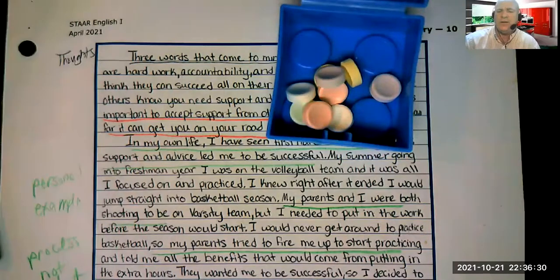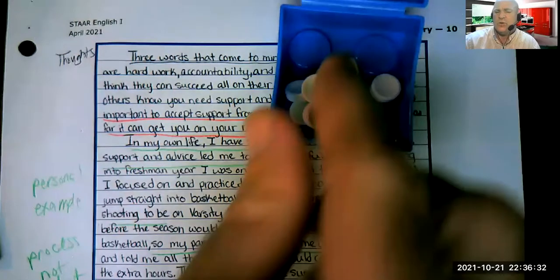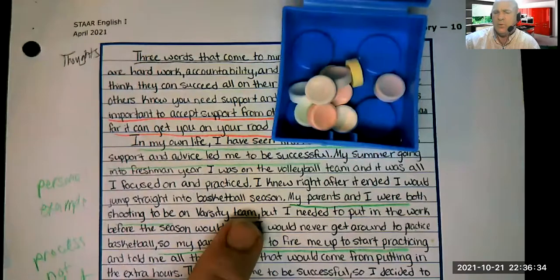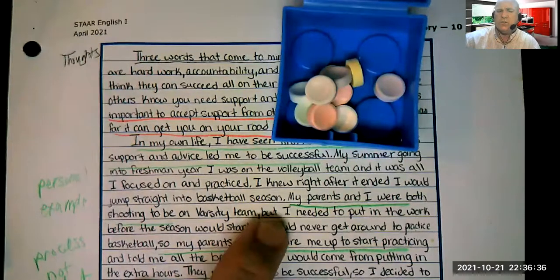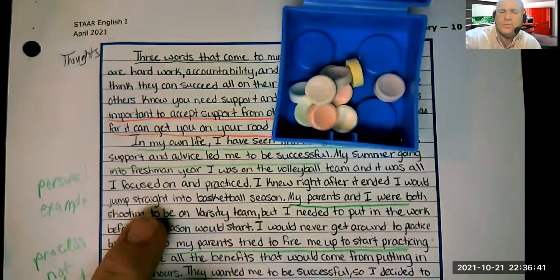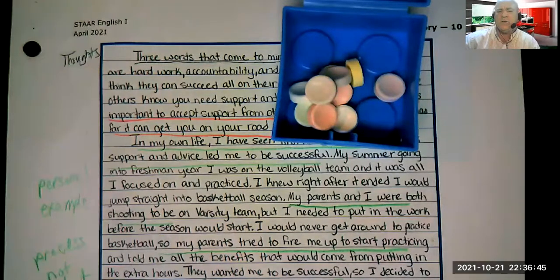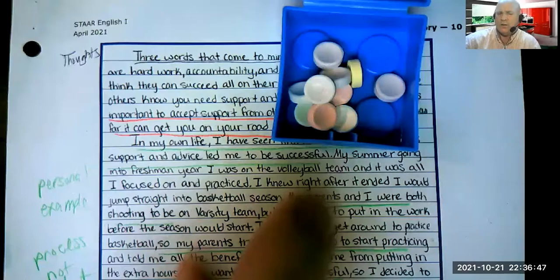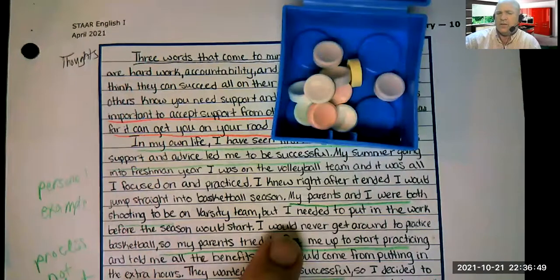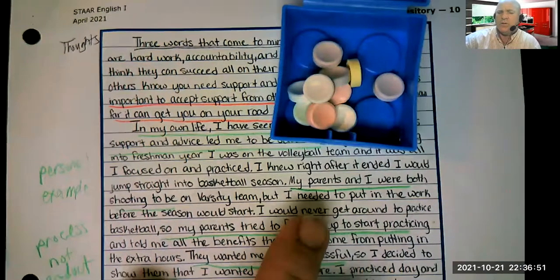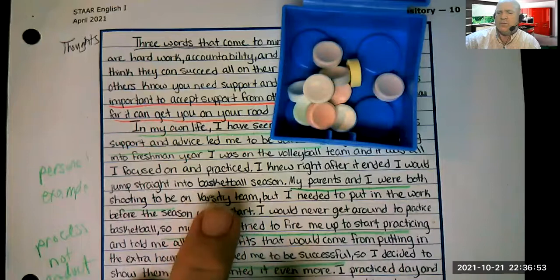I see two independent clauses joined by a comma and a FANBOYS. Okay. Shooting, the idiom there, extra credit. And we already have the parents involved supporting her to get on the varsity team. I don't think you need to capitalize varsity there.